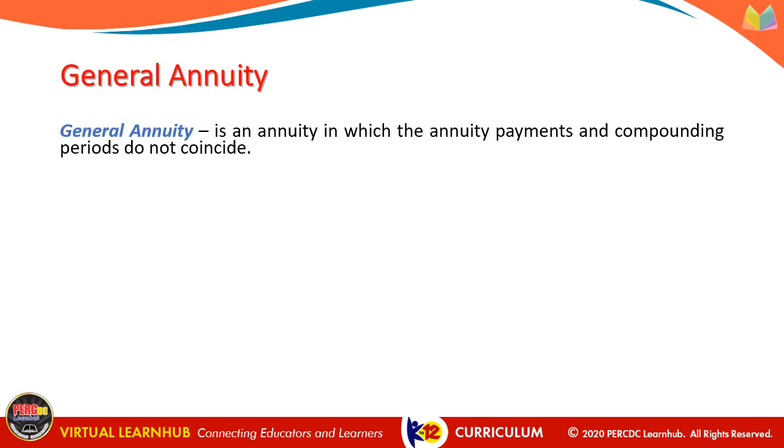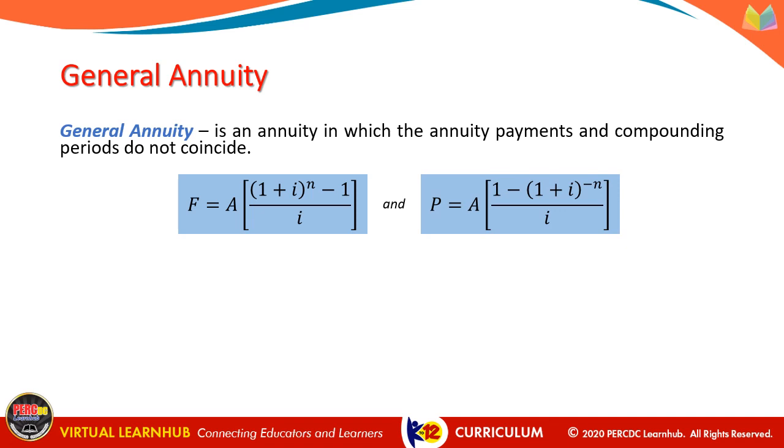General annuity is an annuity in which the annuity payments and compounding periods do not coincide. For general annuity, we can use the formulas F = A × [(1 + i)^n − 1] / i, and P = A × [1 − (1 + i)^(−n)] / i.